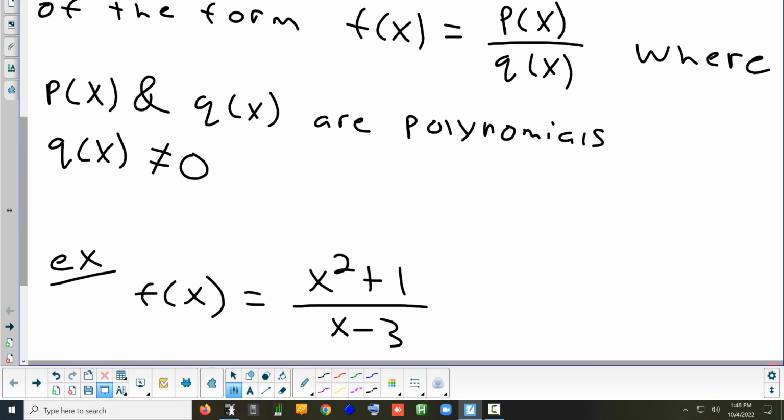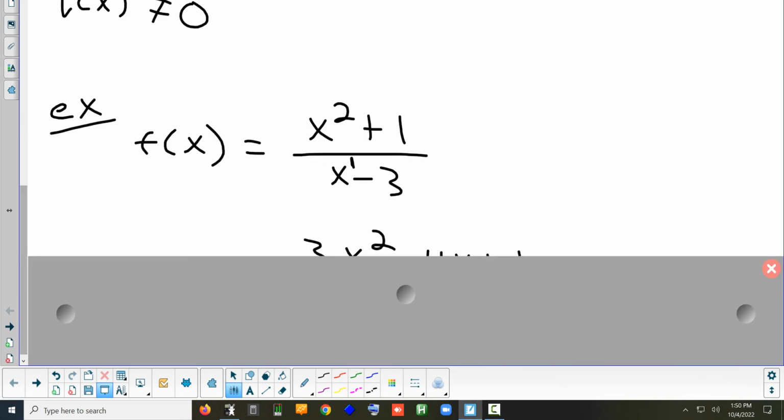Yep, that's a quadratic. So when the highest exponent is a 2, that's a quadratic. How about when the highest exponent is a 1? What is it? Linear. So this is a rational function where you're taking a quadratic and dividing by something linear. So we've got an example there.